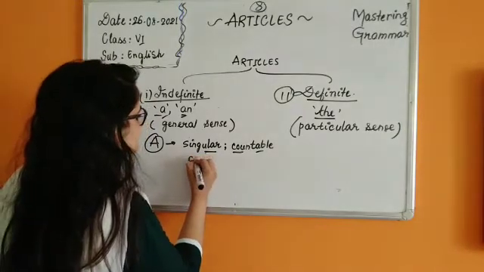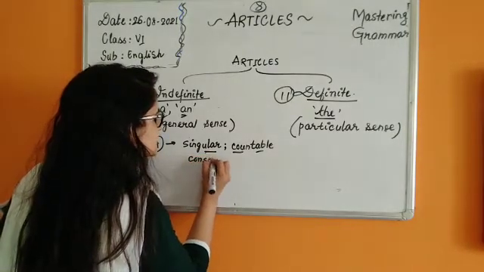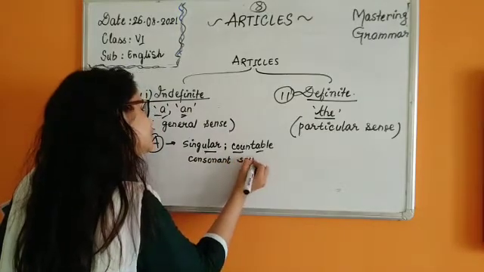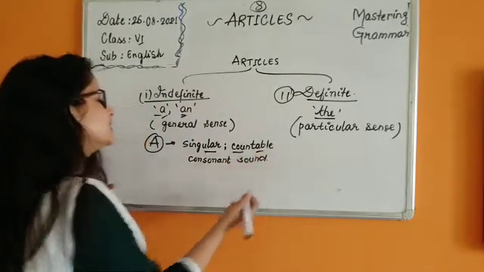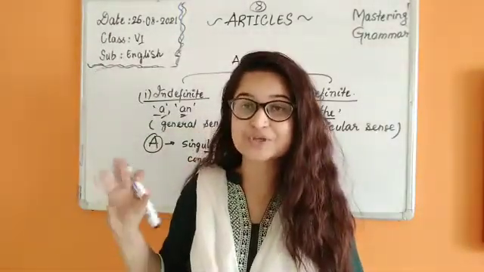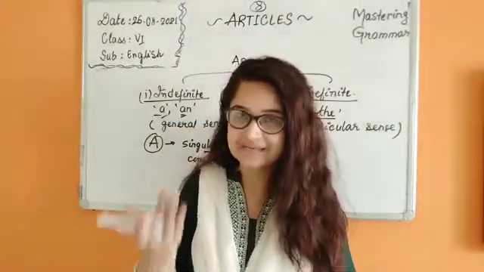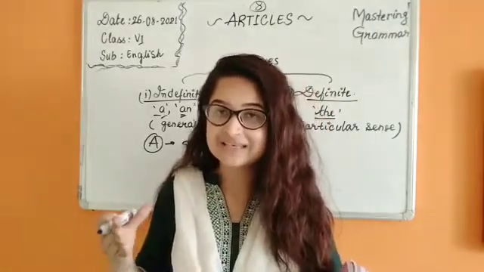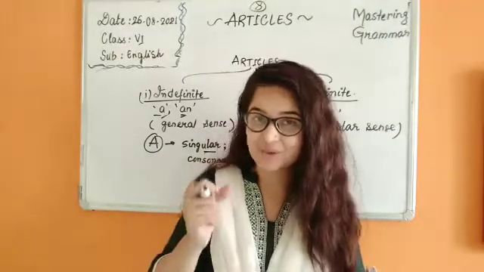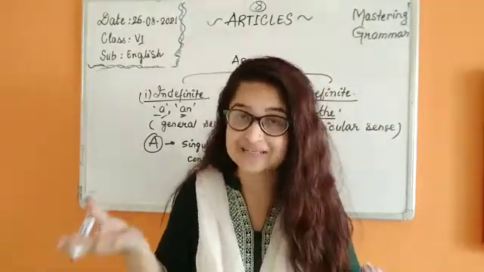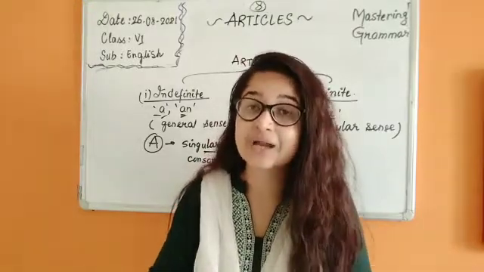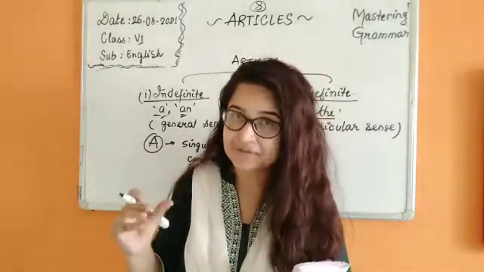One thing you have to remember is that a is used for a consonant sound. Now children, many of you know that a consonant sound refers to all the sounds which are not vowel sounds, right? The vowels are a, e, i, o, u.